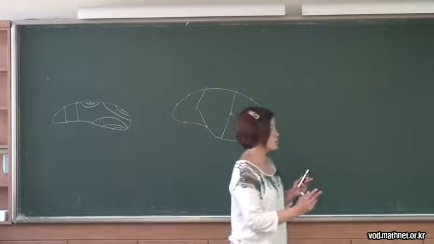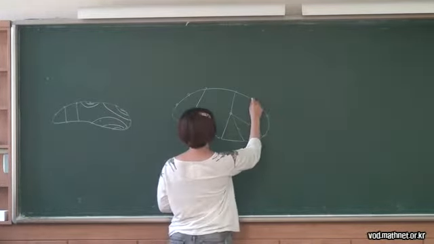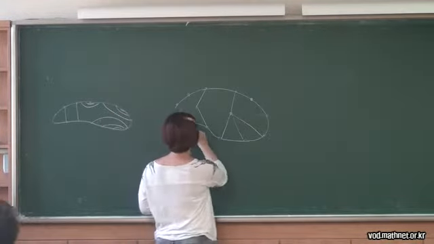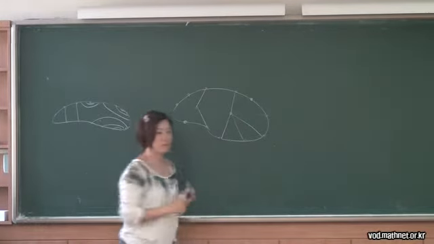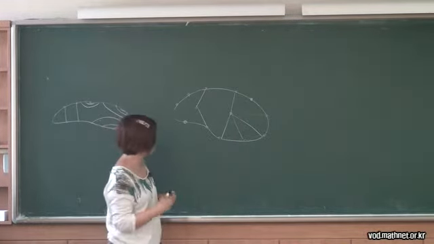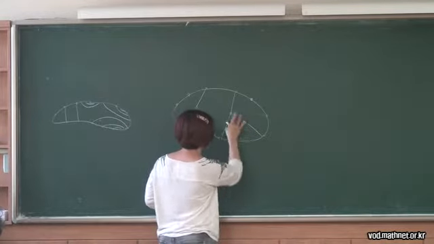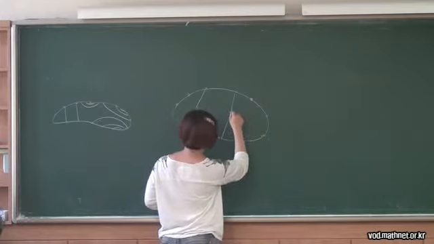Then any shortest path between two vertices here and two vertices here should go through some faces, right?